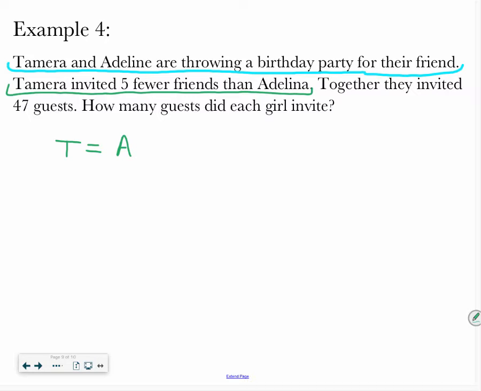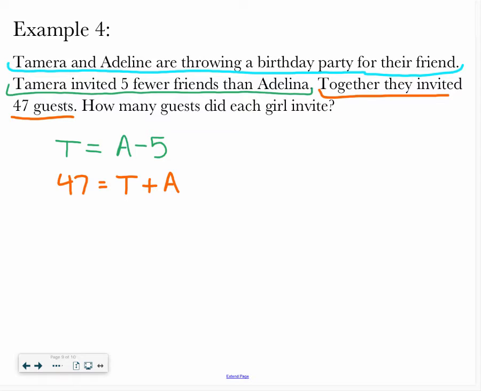So we have however many Adelina invited minus 5. Okay? And then, look at our next one. We have together they invited 47 guests. So the total of Tamara and Adelina was 47.